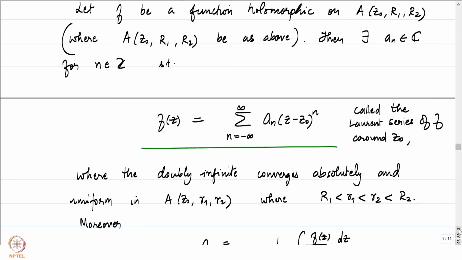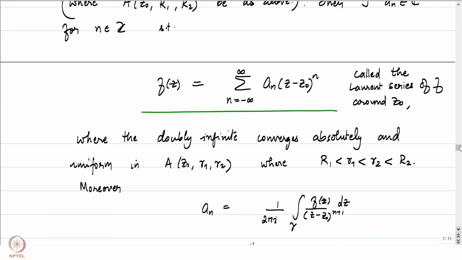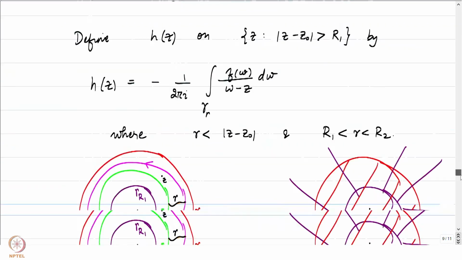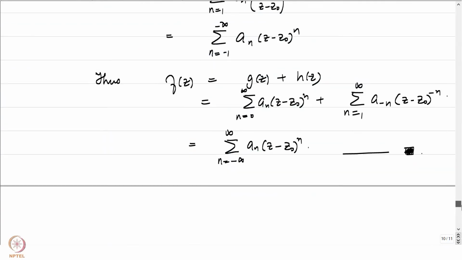And we noticed that when r1 is equal to 0, what we effectively have is a Laurent series expansion of a function which has a singularity at the point z0. So let's return to the singularity problem. Suppose f has an isolated singularity.